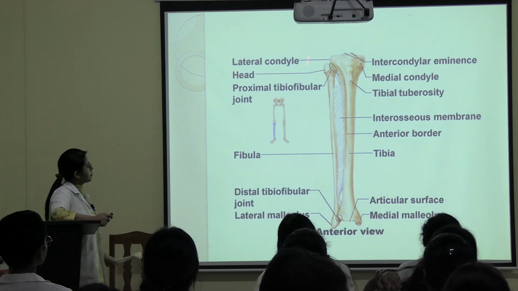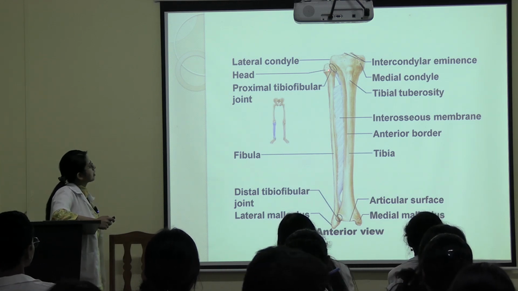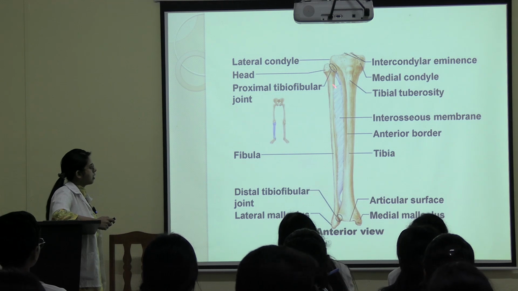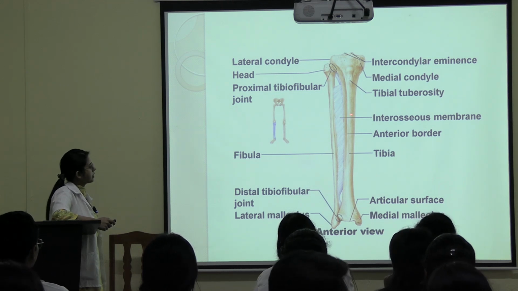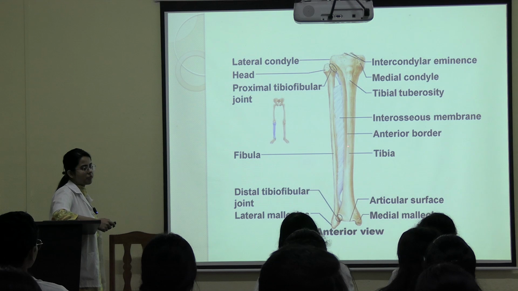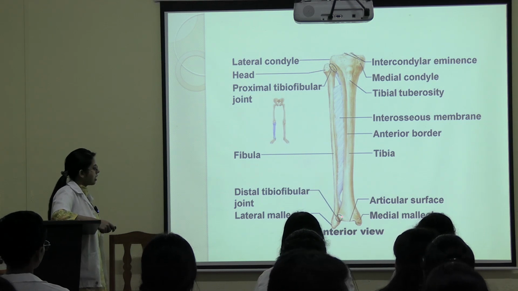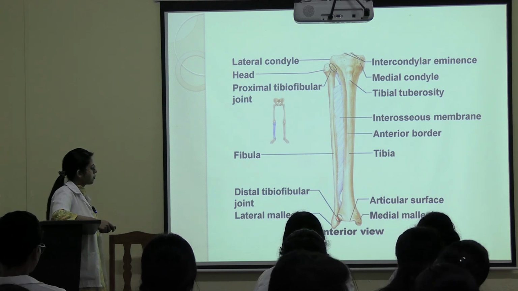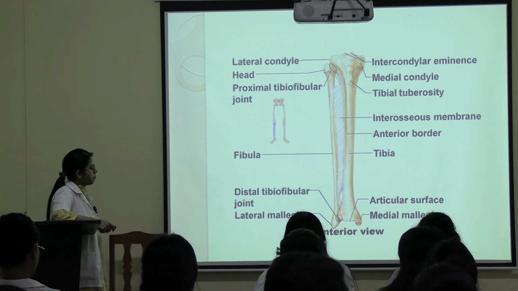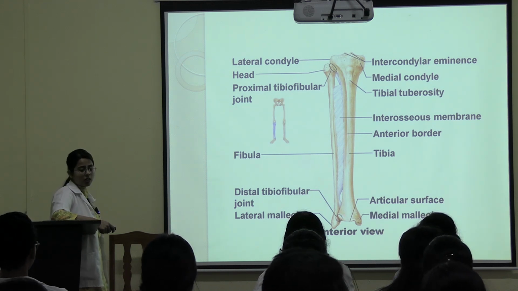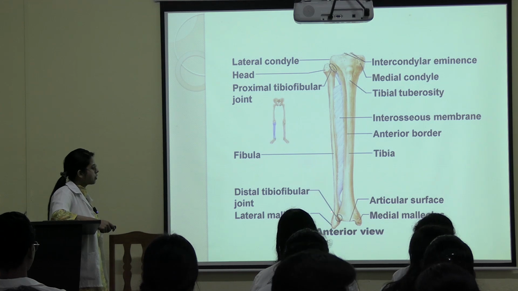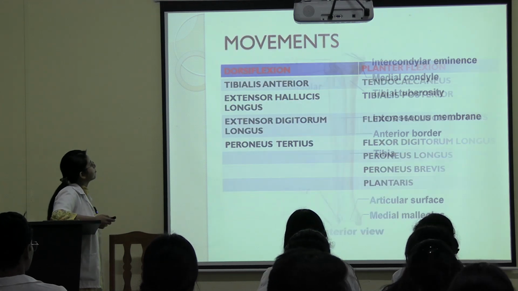So superior will be between the head of tibia and the head of fibula. Middle will be between the shafts, connected with interosseous membrane, and lower is the distal tibiofibular joint, between the fibular notch of tibia and fibula.